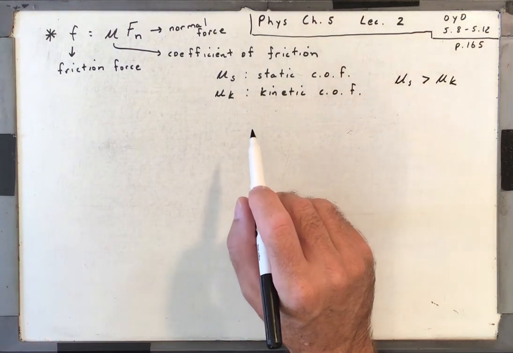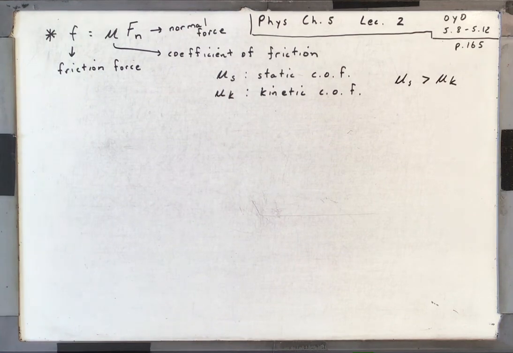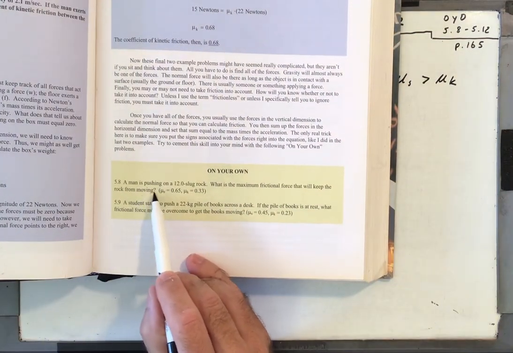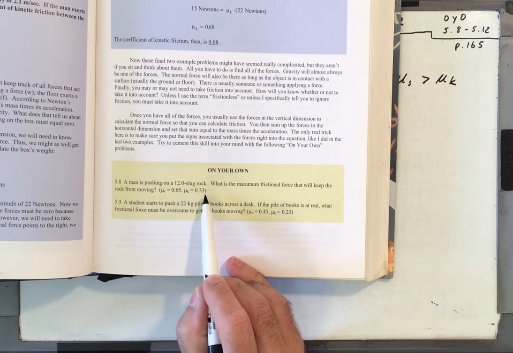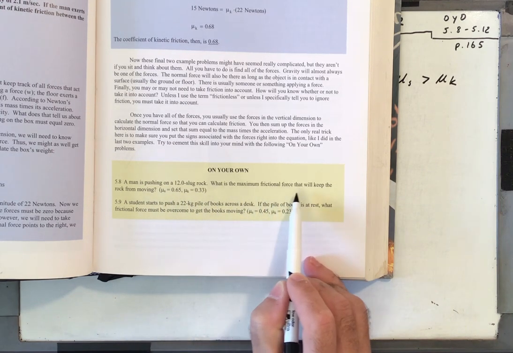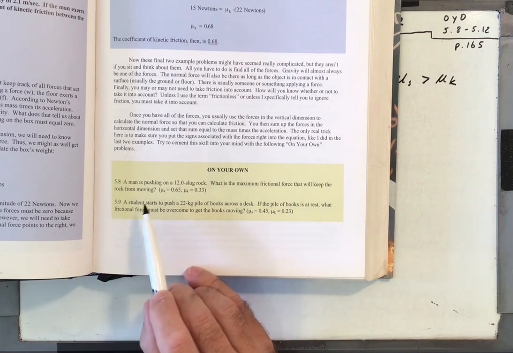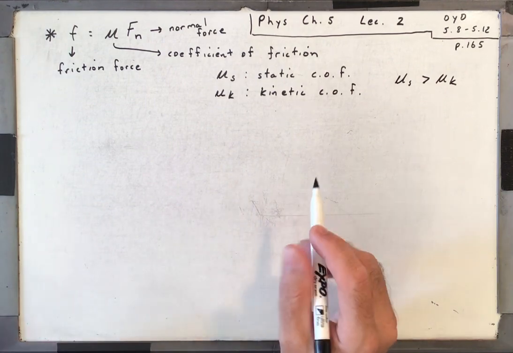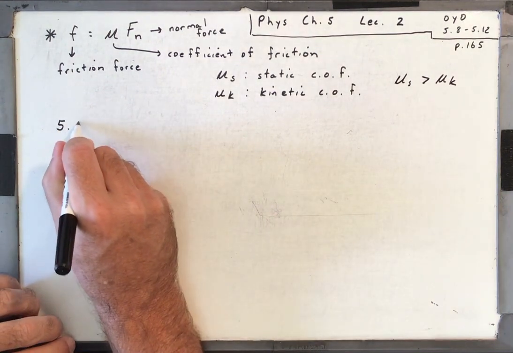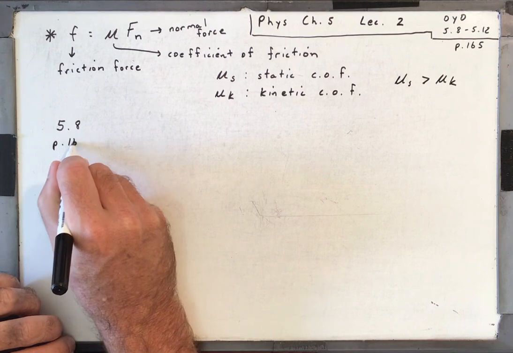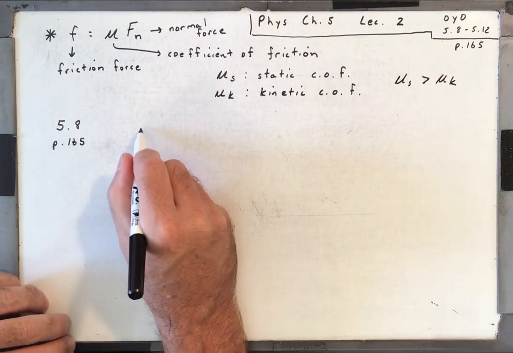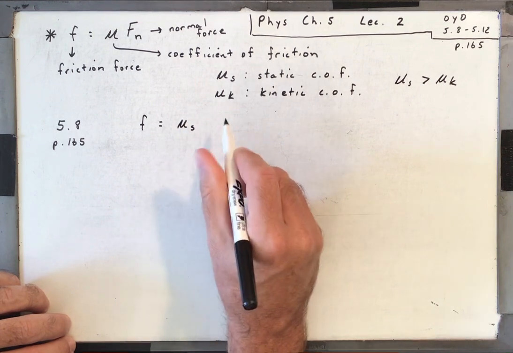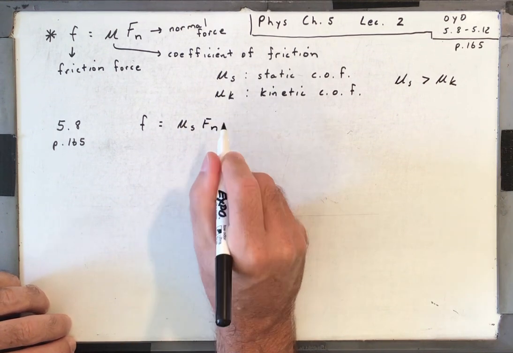Okay, let's use these concepts in a few problems here. So first of all, 5.8 says a man is pushing on a 12-slug rock. What is the maximum frictional force that will keep the rock from moving? So we're just trying to get static friction here. Friction is just going to be mu sub s times the normal force.